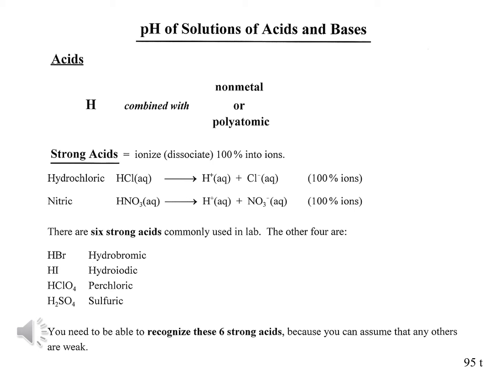Perchlorate, perchloric acid, loses the H very easily because those oxygens all pull electrons away from the H a lot. And sulfuric acid is actually a diprotic acid, and we're going to show that only the first H is lost 100%.